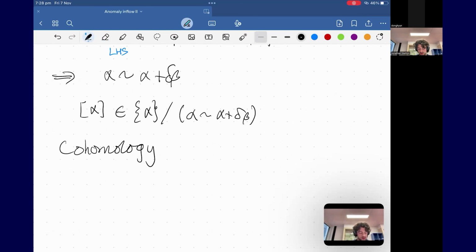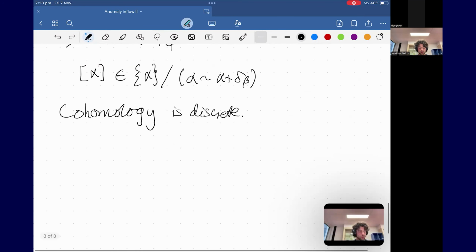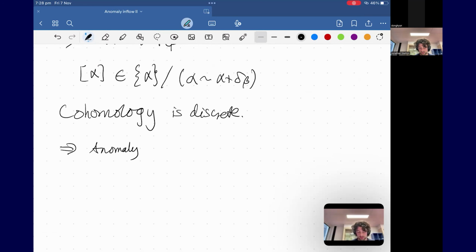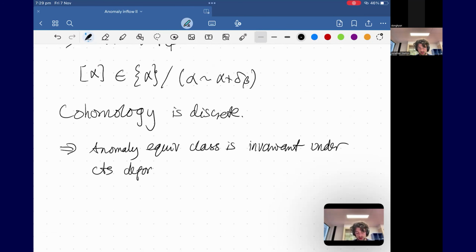So the cohomology is discrete. And what is useful about this is that the anomaly equivalence class is going to be invariant under continuous deformations of the original theory.